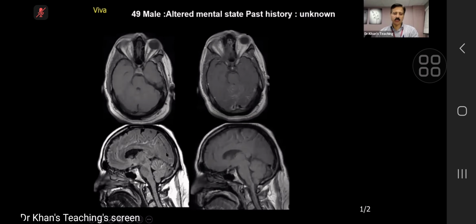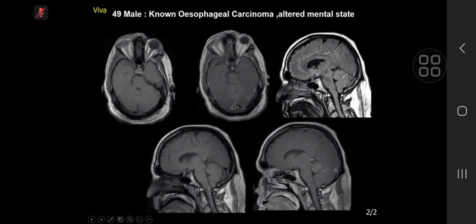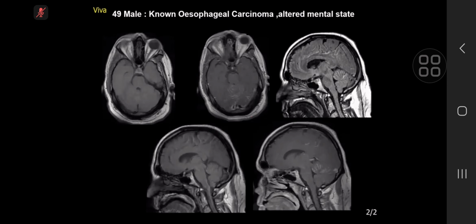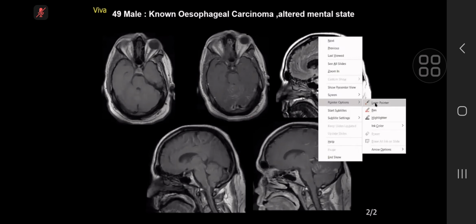And if you look at the FLAIR, you can see this high signal, just like the previous case which I was showing you. And actually, this was a case of esophageal carcinoma. With this finding, what will be your conclusion, candidate 6? With this finding, it would be leptomeningeal carcinomatosis.